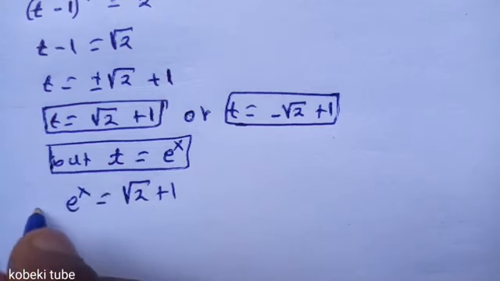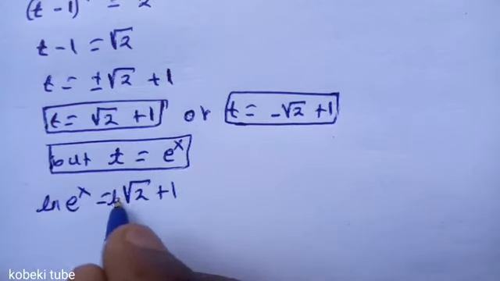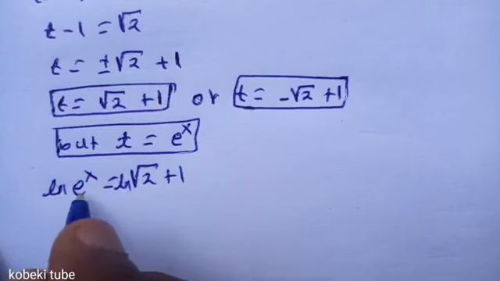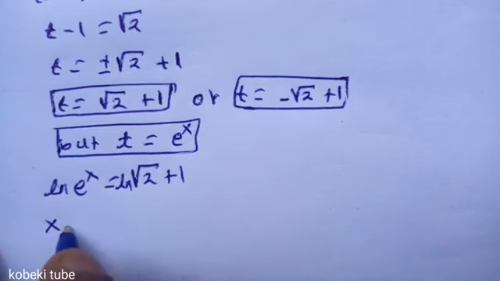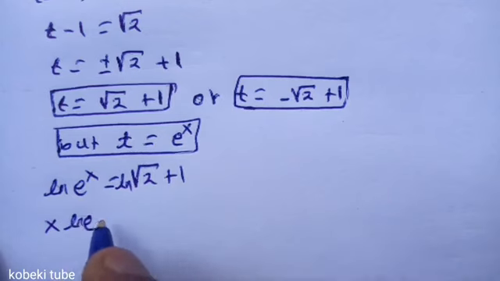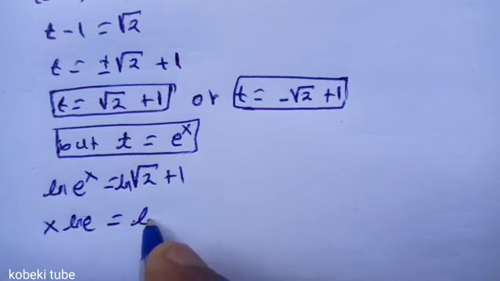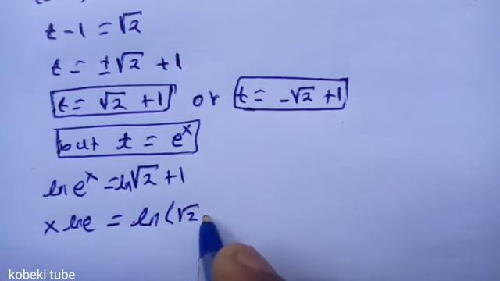And now we apply ln on both sides. Then ln of e to the power of x becomes x ln e, which is equal to ln of square root of 2 plus 1.